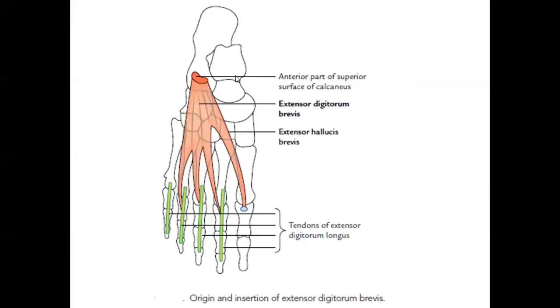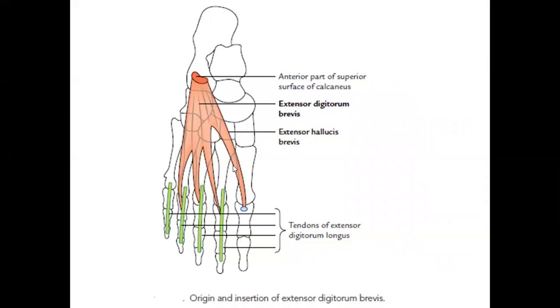ठीक है. Now, this extensor digitorum brevis muscle जो होता है, it is a small muscle. It is situated on the dorsum of the foot. It arises from the anterior part of the superior surface of the calcaneum. This is the calcaneum. So calcaneum के superior surface से आता है. The muscle moves down.